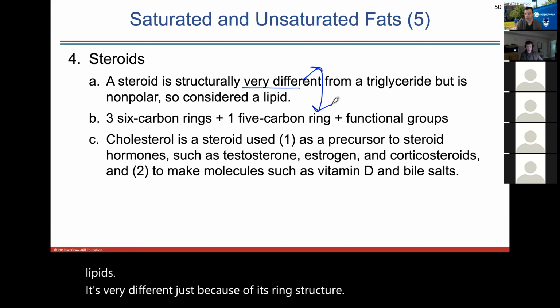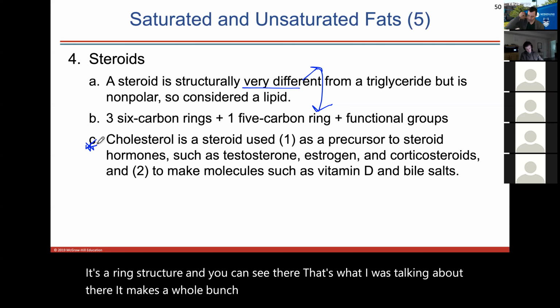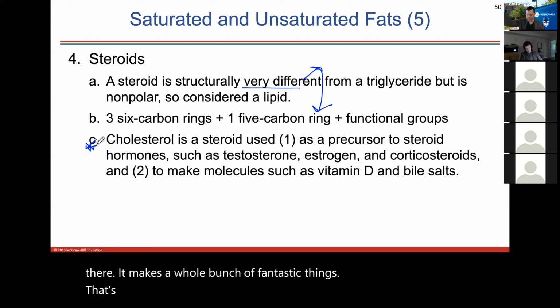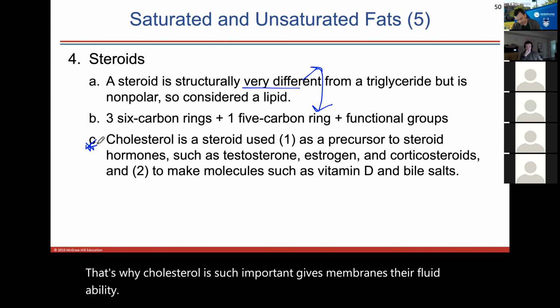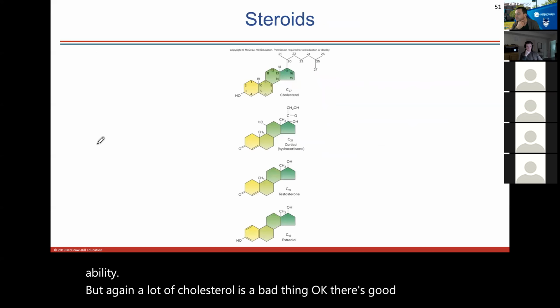You can see there, that's what I was talking about. It makes a whole bunch of fantastic things. That's why cholesterol is so important. It gives membranes their fluidity. But again, a lot of cholesterol is a bad thing. There's good cholesterol, there's bad cholesterol.